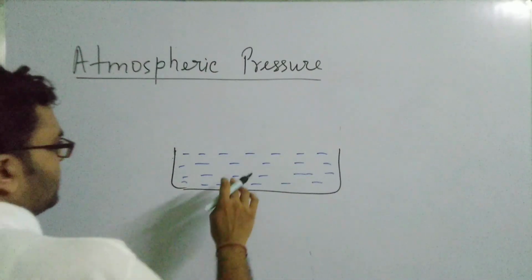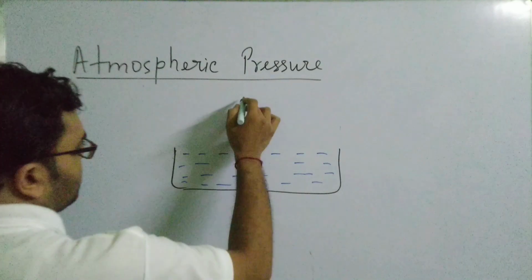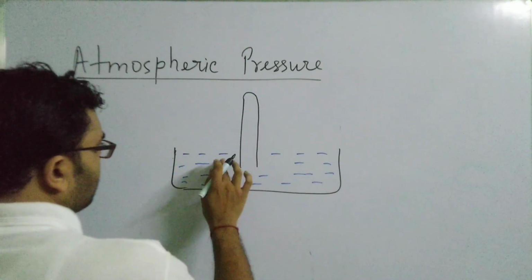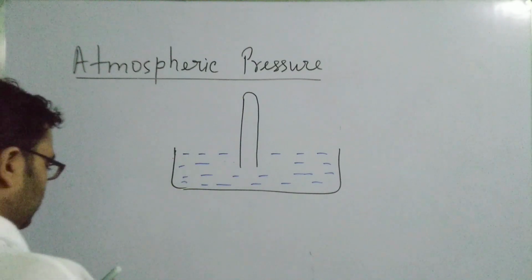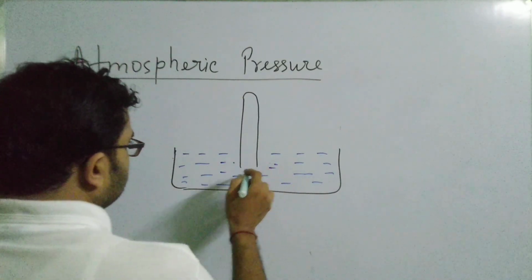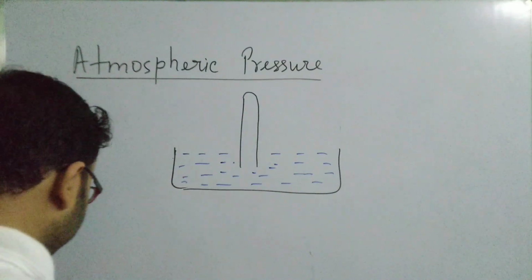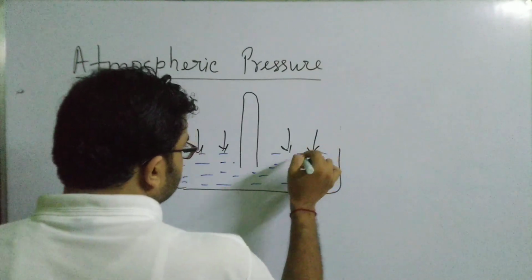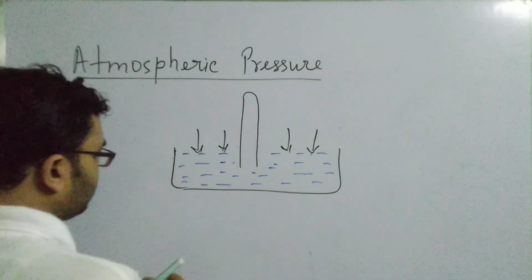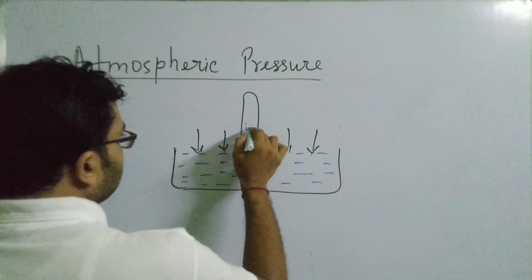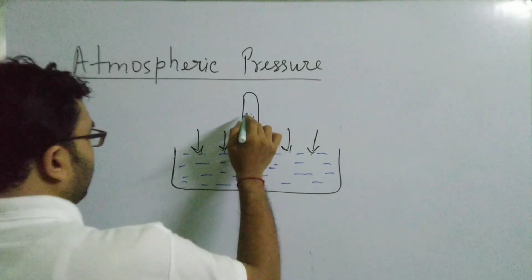Now when the test tube is put into the mercury in the trough, what happens? The inside of the test tube is almost empty. Atmospheric pressure is acting on the open surface of the mercury. This atmospheric pressure pushes the mercury up into this test tube. It will go up to a certain level and then stop. Why?